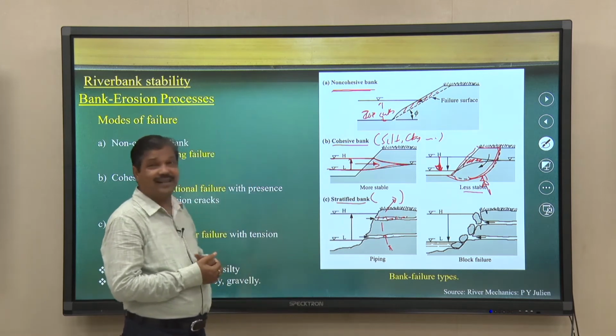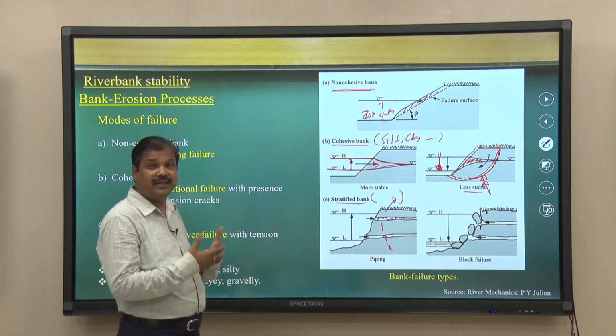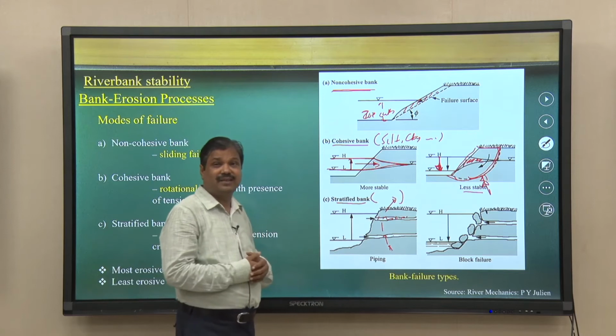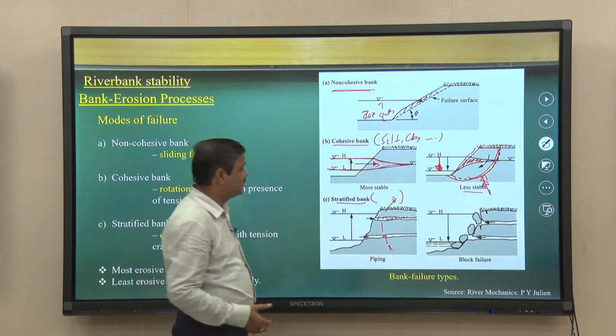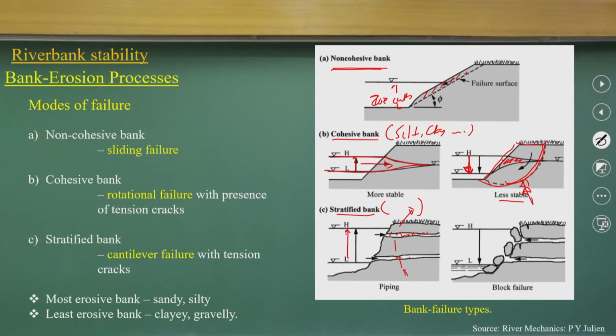If you have that case, that is what is generally in alluvial rivers in our country, we see this type of bank stratification. Where does it happen? When the river flood comes, or the monsoonal flow increases, the water shifts into these permeable layers.